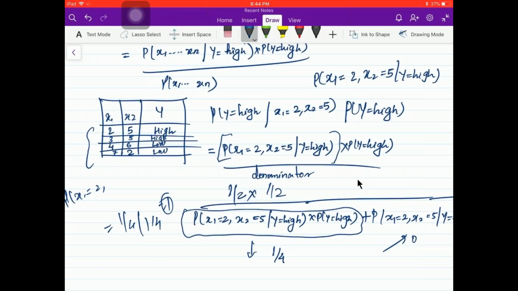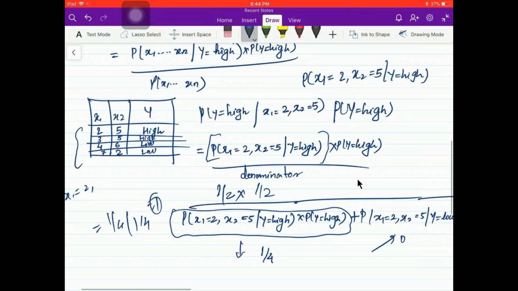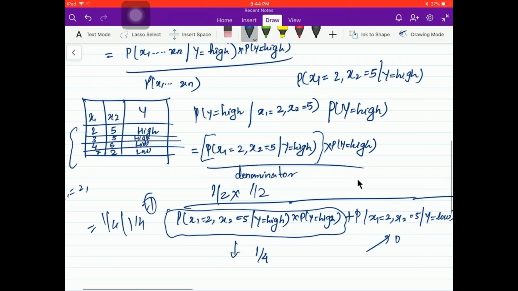But now, what I'm trying to say is, what is the probability of y equal to high given x1 equal to 2 and x2 equal to 5? How many occurrences of x1 equal to 2 and x2 equal to 5 you have? That will be 1. And then what was the probability of high in that case? I mean, how many occurrences of y equal to high you have in that case?